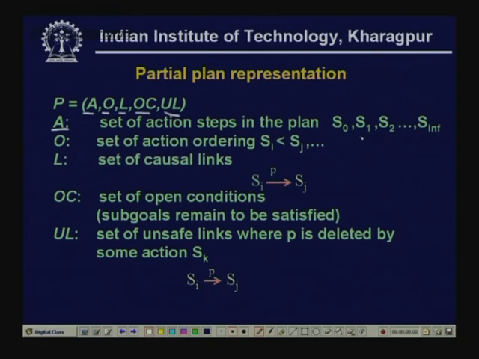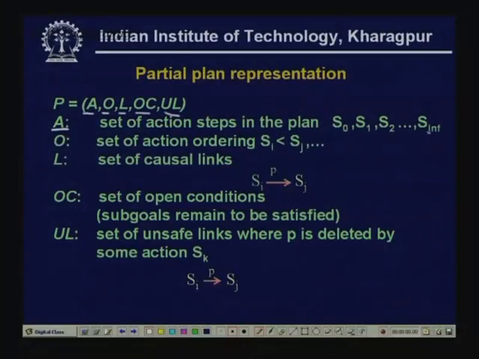So, S0, S1, S2 up to Sinf are the steps in the plan. As I mentioned, a partial plan is not necessarily a total order plan. That is, it is not just a sequence of steps. We can order the steps according to a partial order.